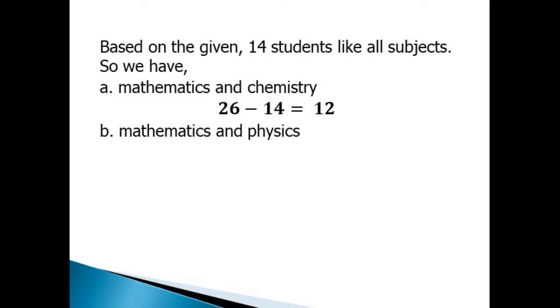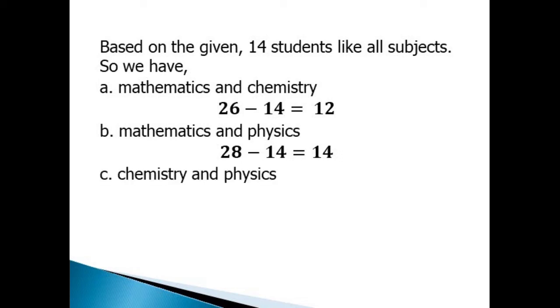For mathematics and physics, we will subtract 14 from 28. So we have 14 students who like both mathematics and physics. And for chemistry and physics, we will subtract 14 from 22. So the answer is 8.